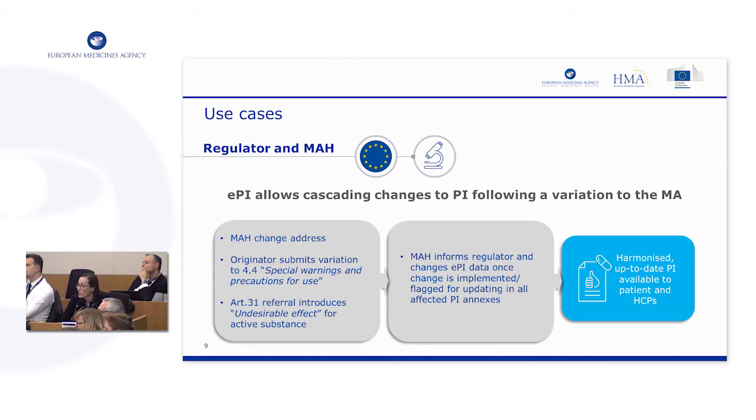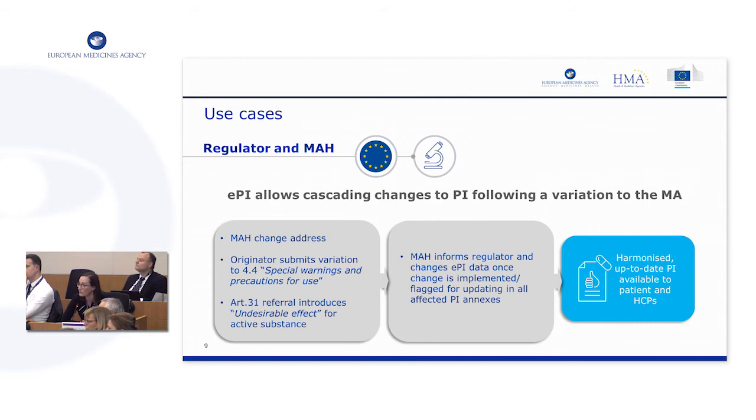Or you can imagine a change to a reference medicine, a new warning on a reference medicine that also affects perhaps several generics on the market, or as we have in EMA, the Article 31 referrals, where there are new changes to the PI introduced.